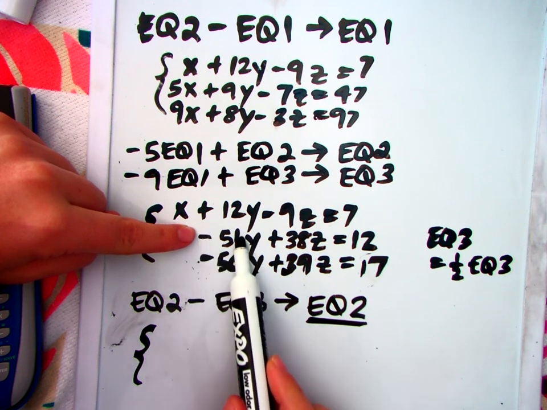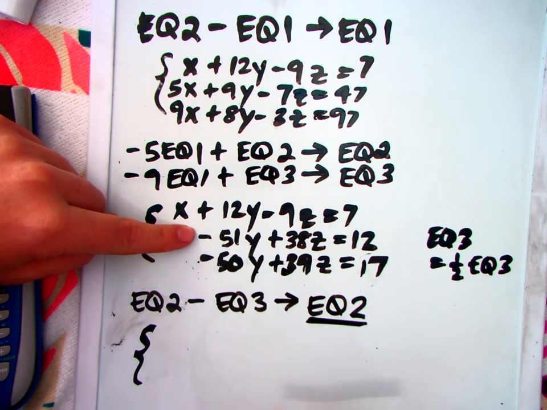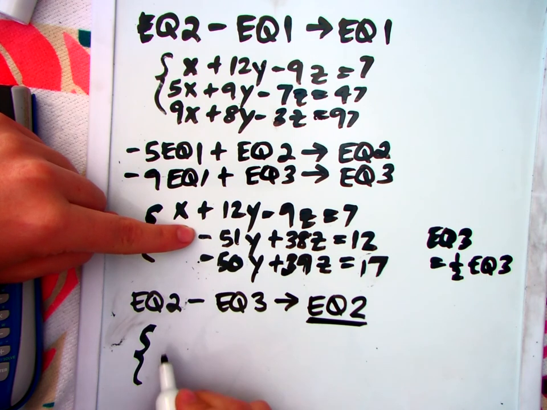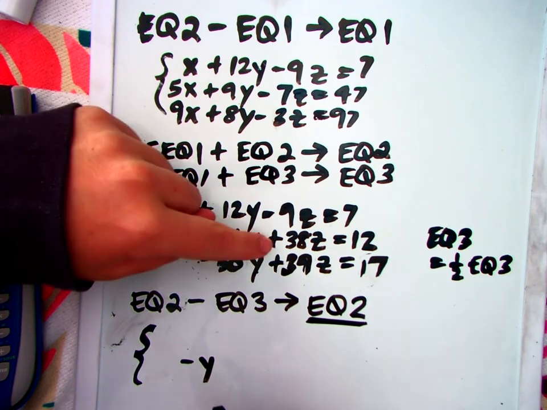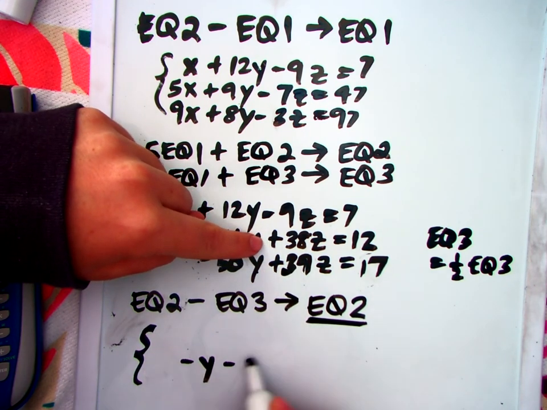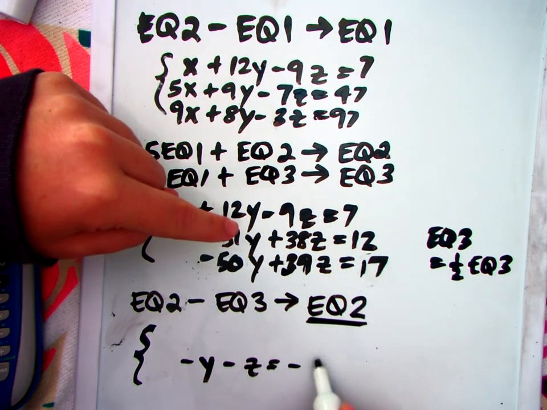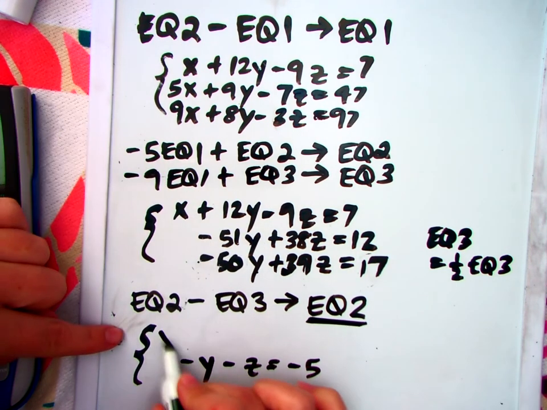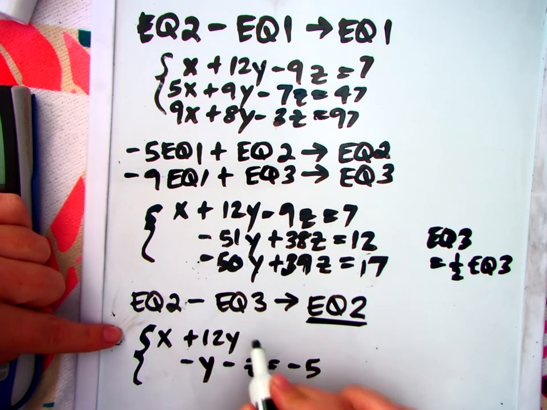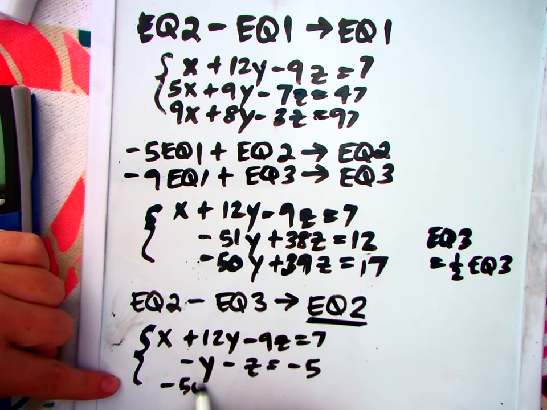So negative 51 minus negative 50, that is negative 51 plus 50, which is negative y. 38 minus 39 is negative z. And 12 minus 17 is negative 5. I'm going to keep equation 1 and equation 3.